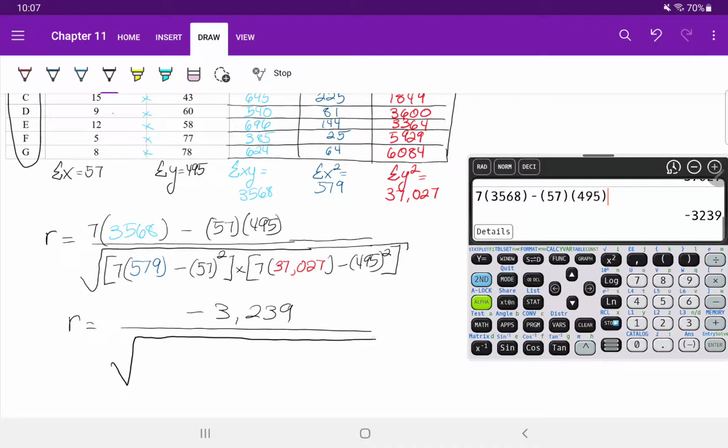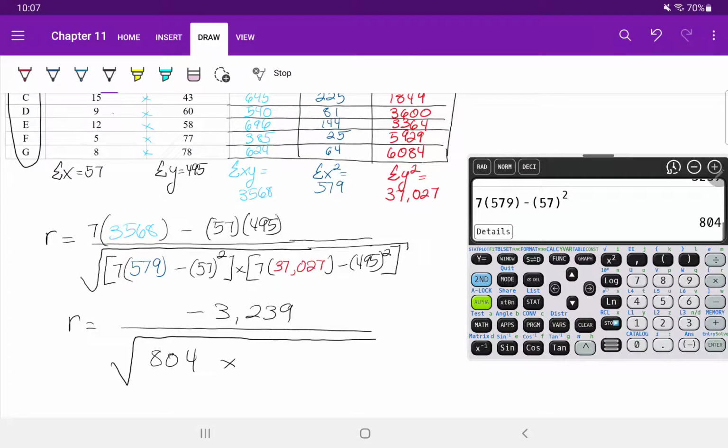Over the square root. Let's do the first bracket. Let's just say equals. That's going to be 7 times 579. Oops. Let's do that again. So that's going to be 7 times 579 minus, that is 57 being squared. So 57 in parentheses squared, that equals to 804.